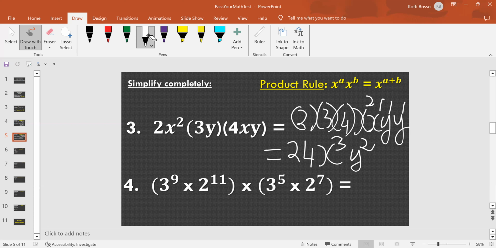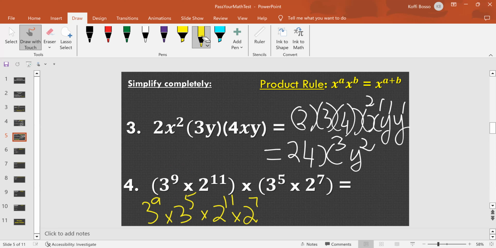Now for the bottom one, we don't have x or y, but we have some numbers. The concept is the same. We'll have 3 to the 9th power multiplied by the other 3 to the 5th power. We take this and this, because it's a multiplication. Now, we're going to have this multiplied by 2 to the 11th power multiplied by 2 to the 7th power.